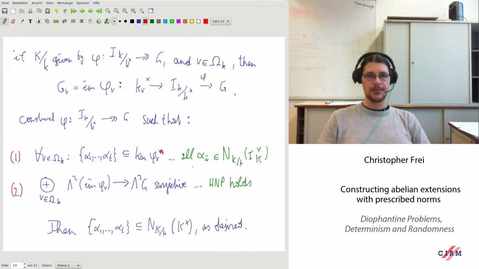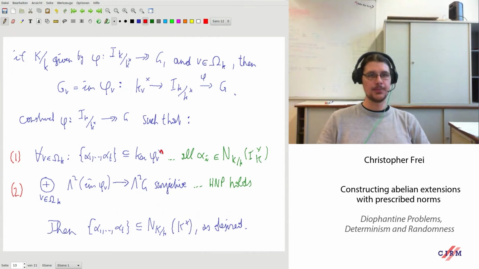What does this tell me? This tells me that all the alphas are everywhere local norms. If you remember from earlier, I've shown you that the kernel of the global map phi corresponds to norms, and the same holds for local class field theory as well. So this first condition says that all the elements alpha are everywhere local norms.